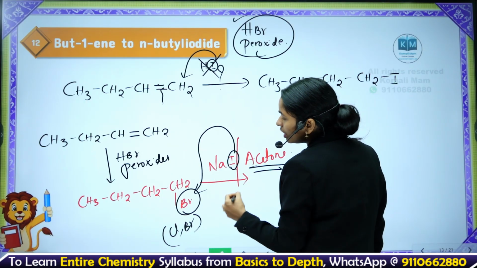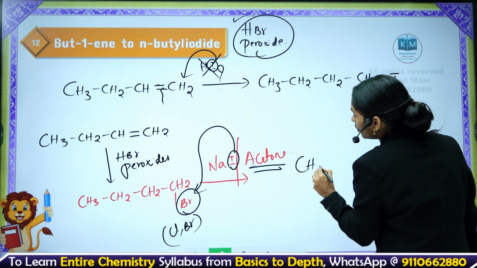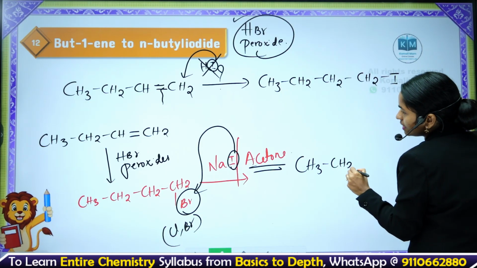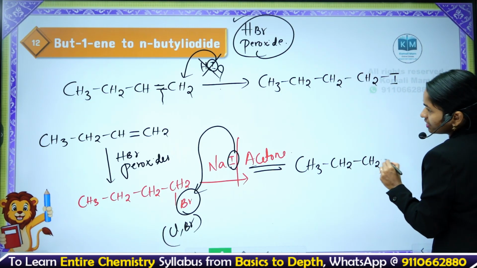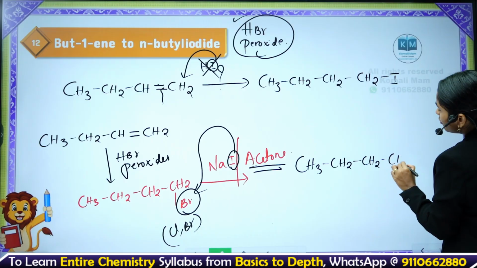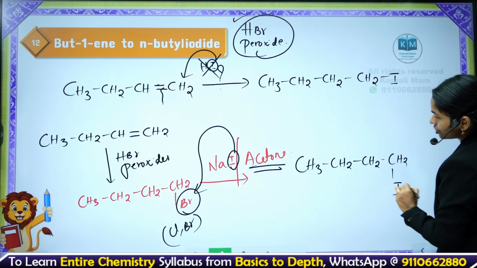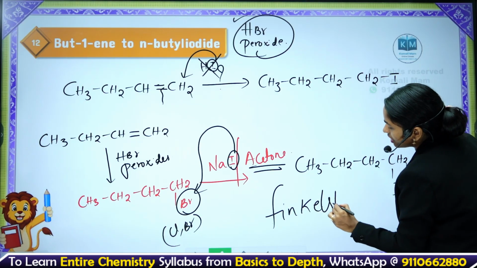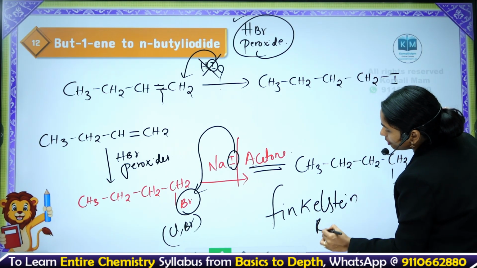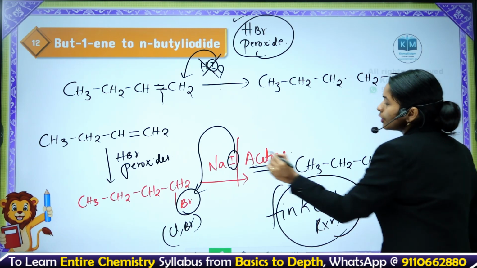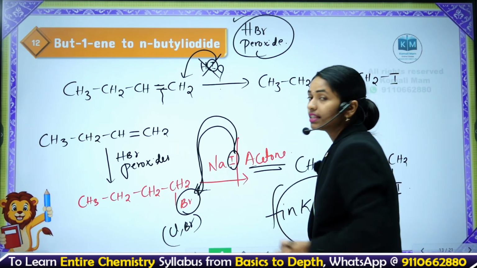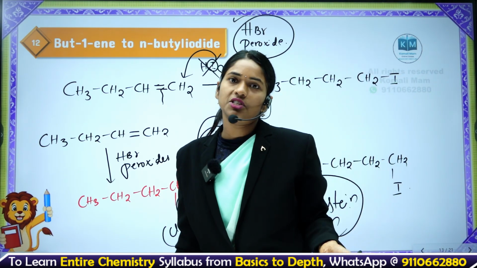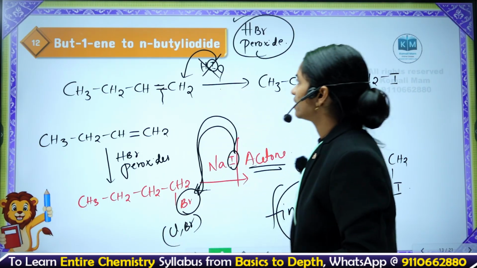Iodine will go and replace. This is one of the famous reactions. What is the reaction, students? Finkelstein reaction. Iodine goes and replaces the other halogen. This is one of the halogen substitution reactions. Okay. Next.